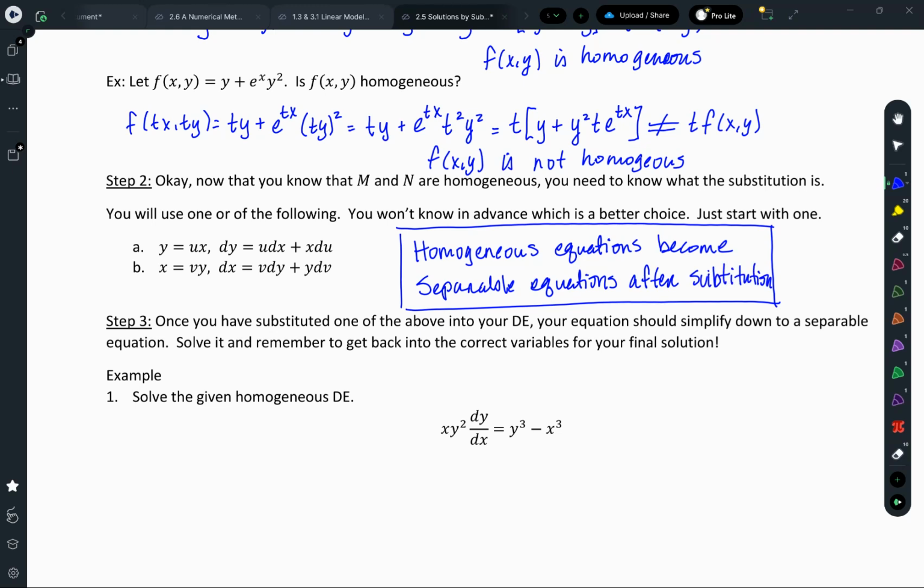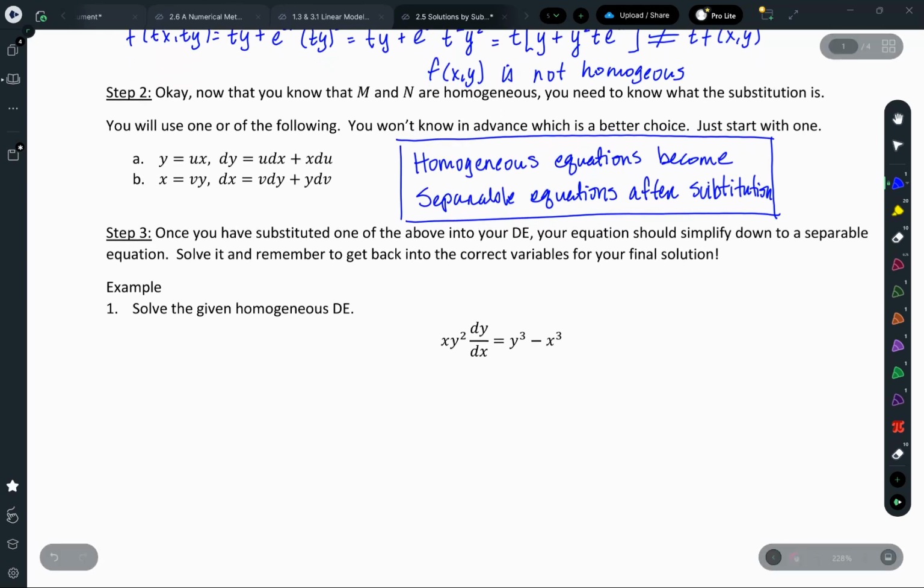Okay? And it's important to know where your differential equation goes with each substitution because it's different depending on the substitution. So if you're looking at a homogeneous equation and you do the substitution and you're trying to make it look like a linear equation, you're going to make your life much harder on yourself, right? So that's the part you really want to remember, okay? Now, solve the given homogeneous differential equation.